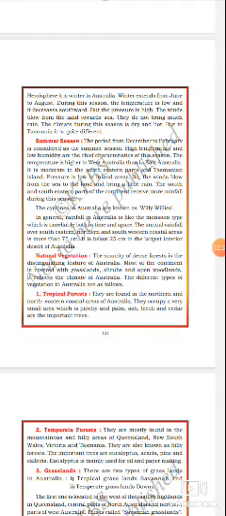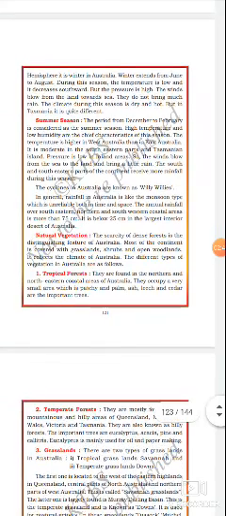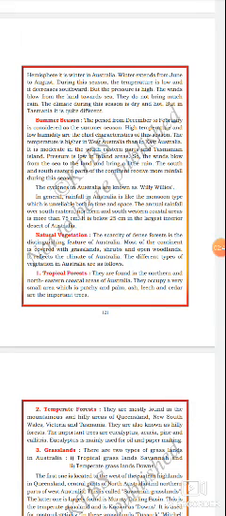They do not bring much rain because the winds blow from land towards sea, so the rainfall is very less. The climate during this season is dry and hot, but Tasmania is quite different.